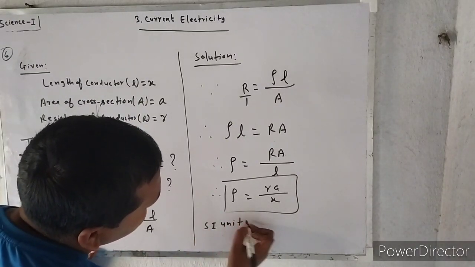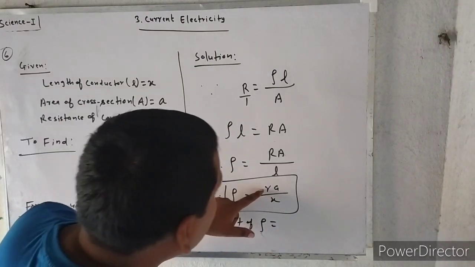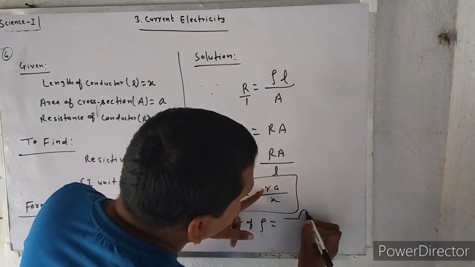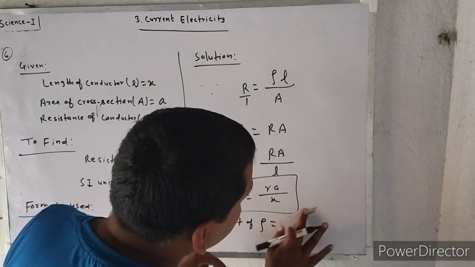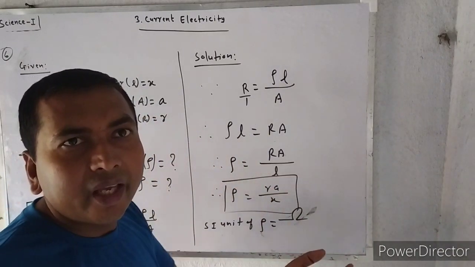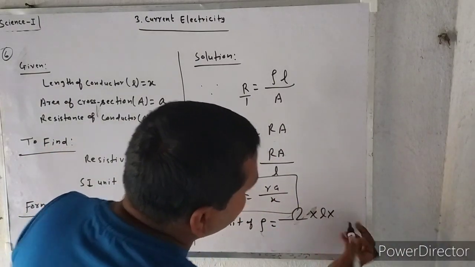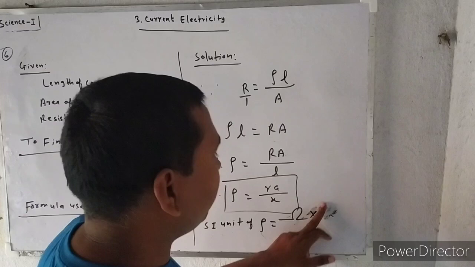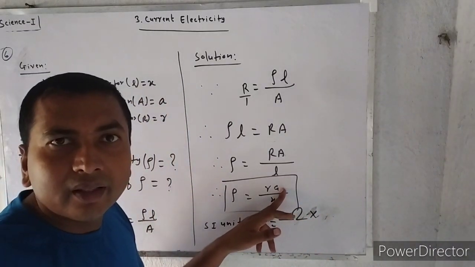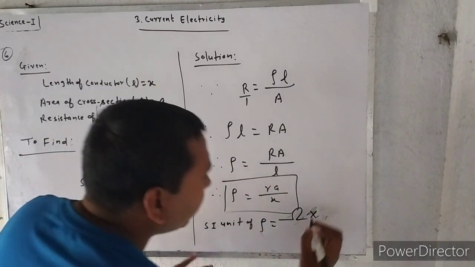SI unit of resistivity rho: R is the resistance. The unit of resistance is ohm. A is the area. Area means length into length. The SI unit of length is meter, so meter into meter.